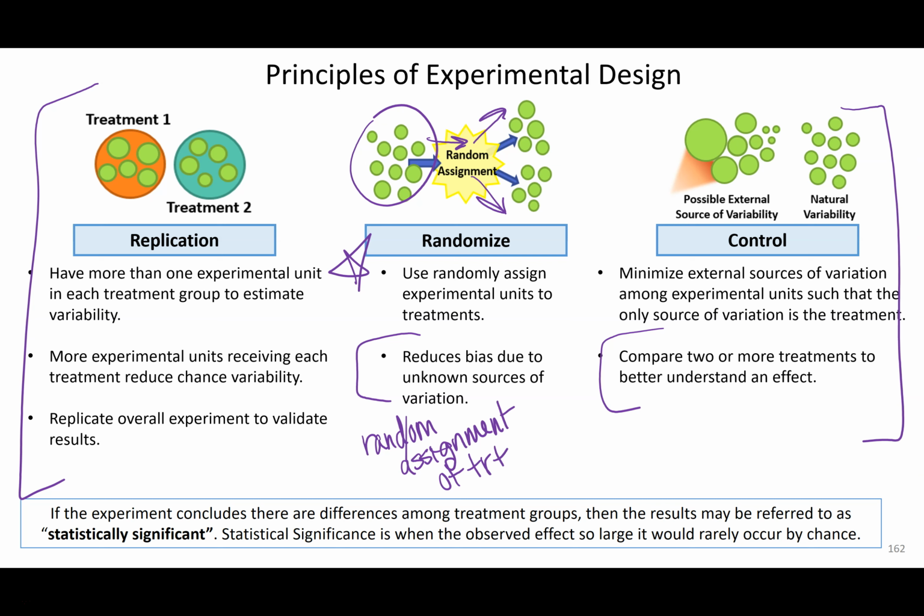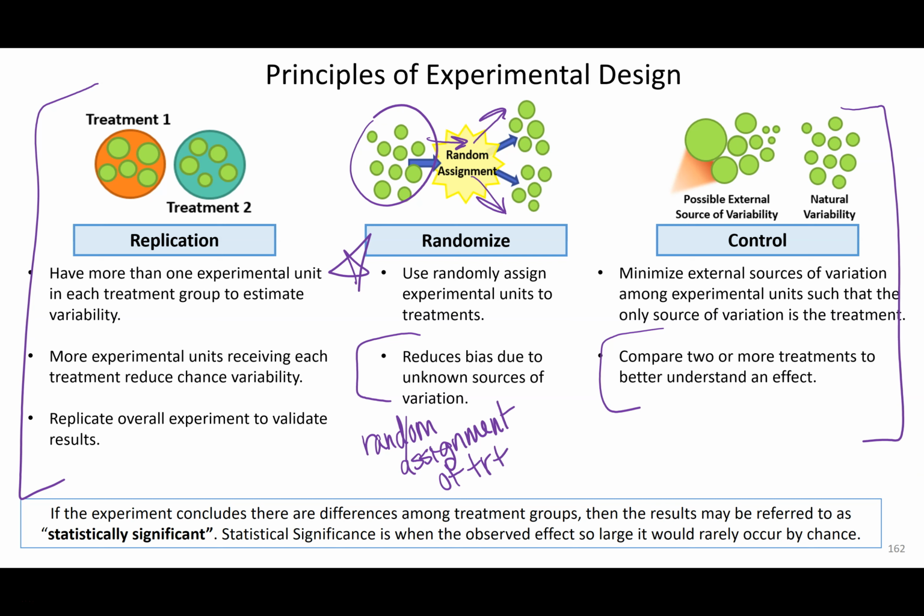Ethically, maybe I had a new cancer treatment, and I wanted to see how it does. I would have my new cancer treatment, but your control is not allowed to be nothing. If there is a known treatment, you cannot deny it. Ethically, that is super unsound.